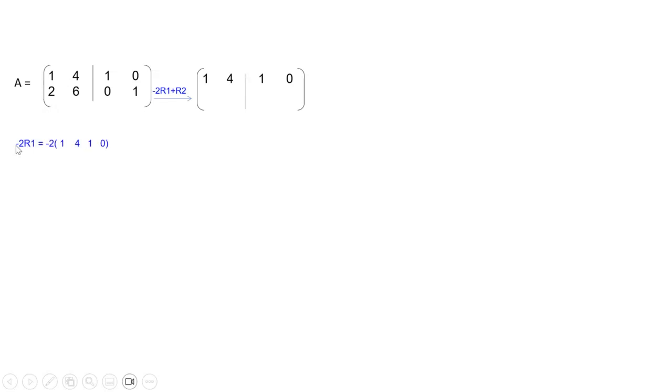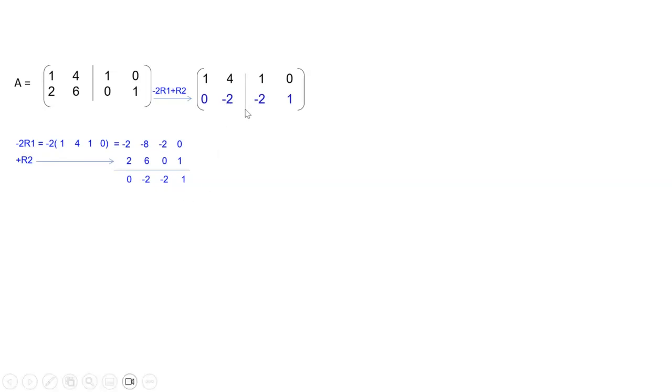Here's my work. Negative 2 row 1 is negative 2 times every element in row 1. It's going to give us negative 2, negative 8, negative 2, and 0. Now I'm going to add it to row 2, which is 2, 6, 0, 1. After we execute the operation, that gives us 0, negative 2, negative 2, and 1. So that's my new row 2.